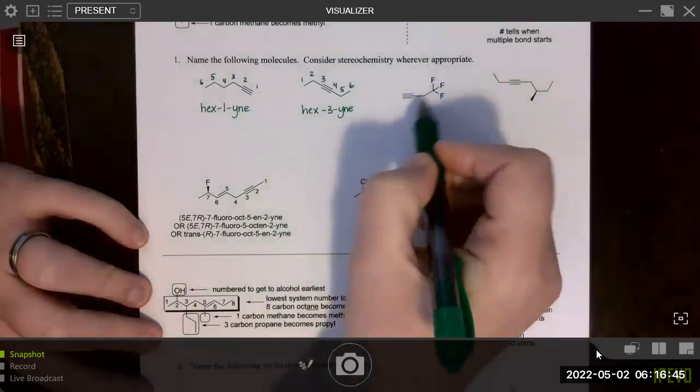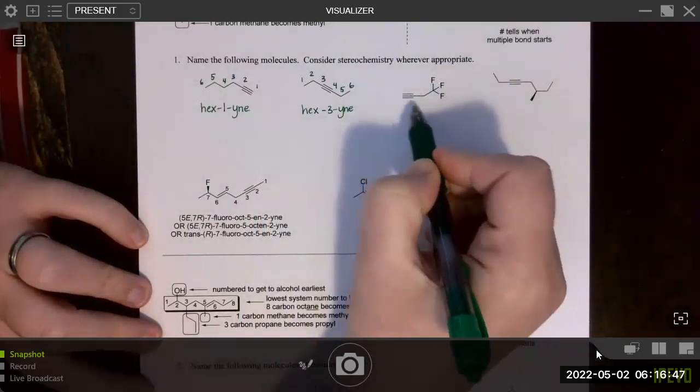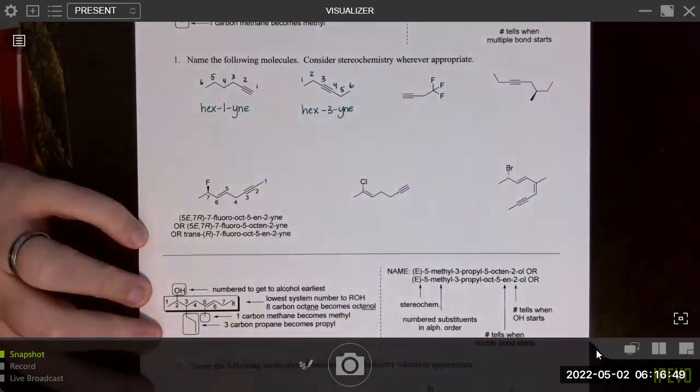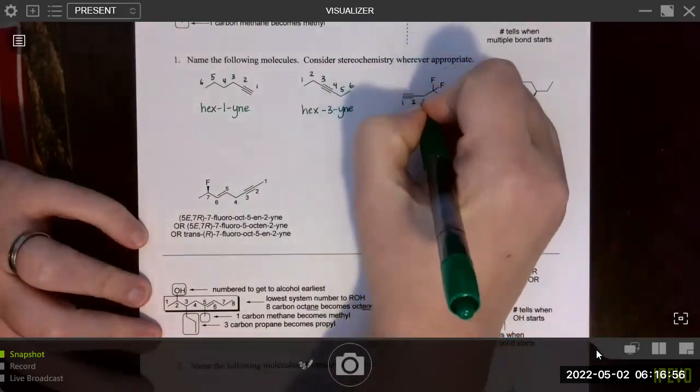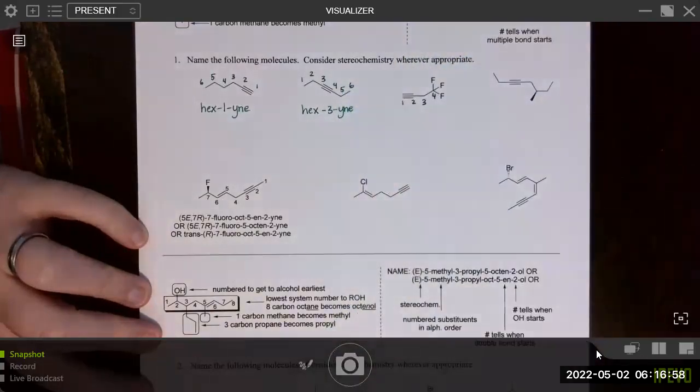Over here, remember that we want the lowest numbers possible for the alkyne carbons, right? And that takes priority over halogen substituents. So we want the longest carbon chain, which is a 4-carbon chain. And all three of those fluorines are substituents, so those get added before the parent.